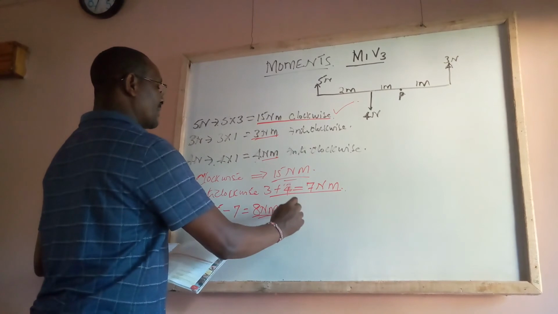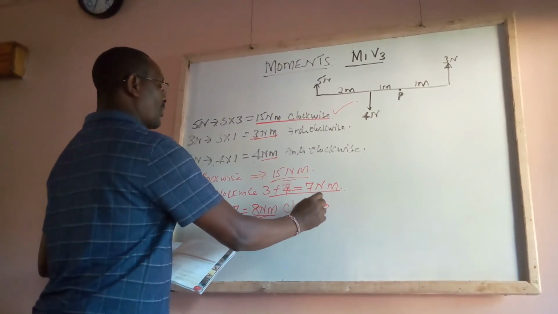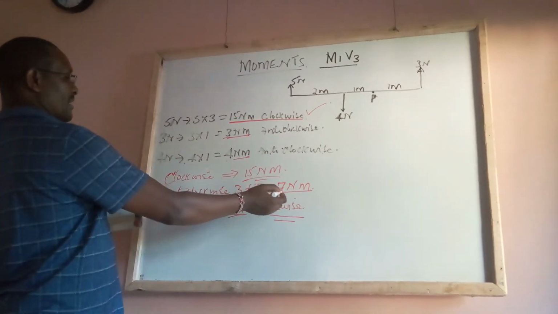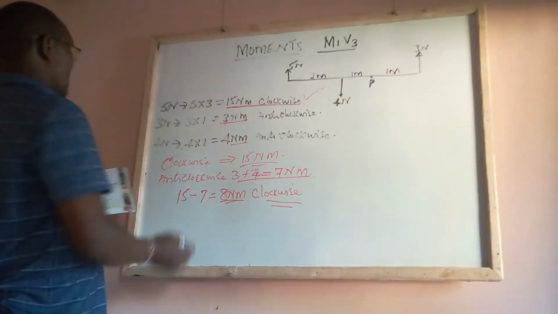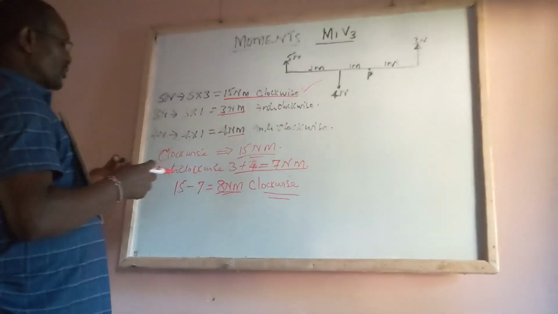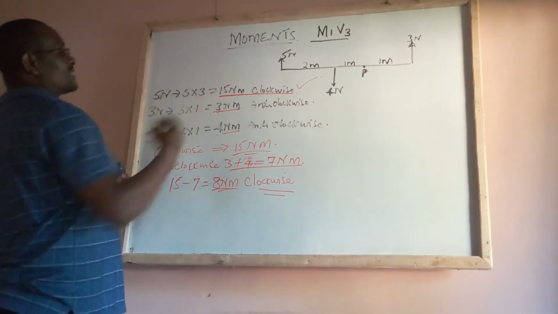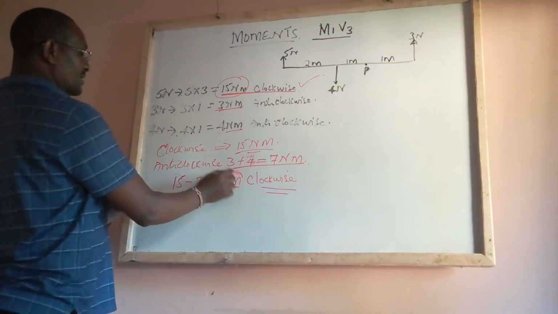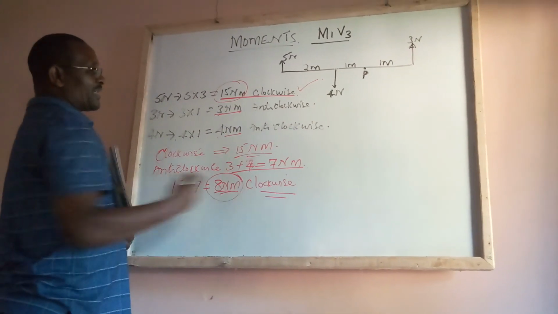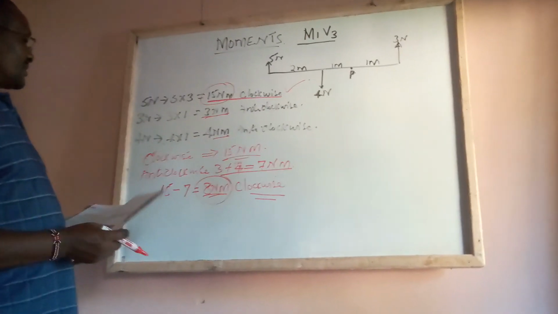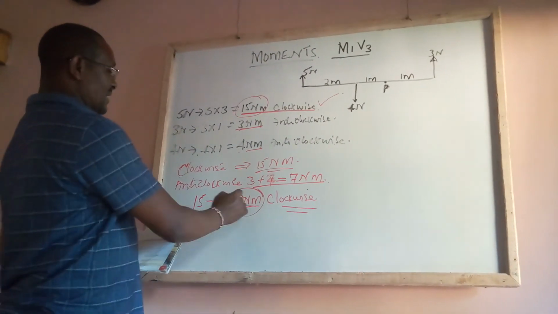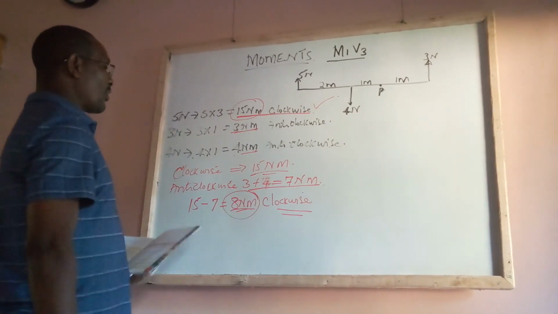The final direction is clockwise. Now you can already see that the 7 newton meters, which are anti-clockwise, are going to cancel out with 7 newton meters of the clockwise, and we are still left with 8 newton meters, and the final direction is clockwise. So the sum total of moment is 8 newton meters clockwise. Okay?